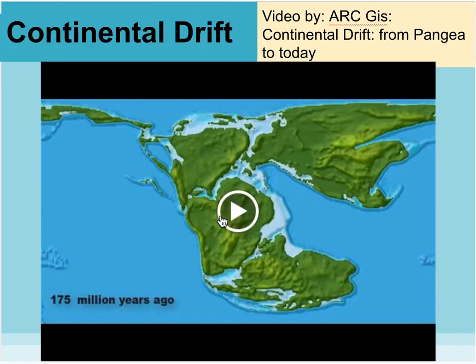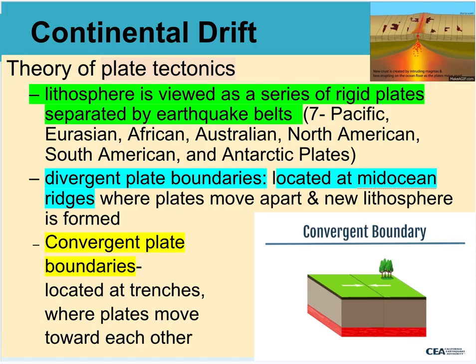So this is a video by ArcGIS, the continental drift from Pangea to today, that shows you how it's speculated that those continents moved. So with the theory of plate tectonics, you can see that there are divergent plate boundaries.